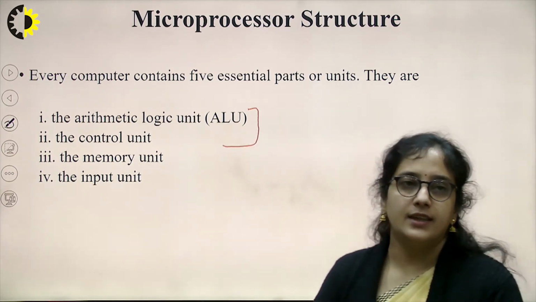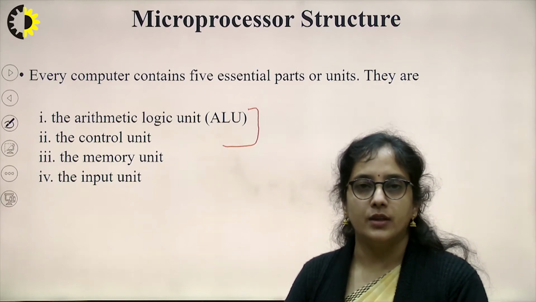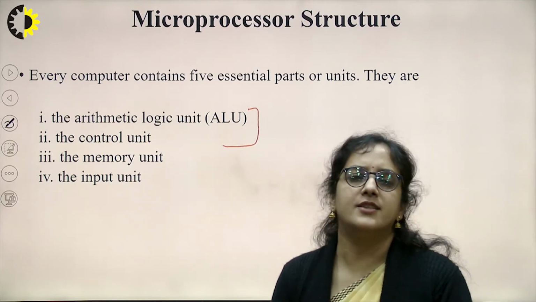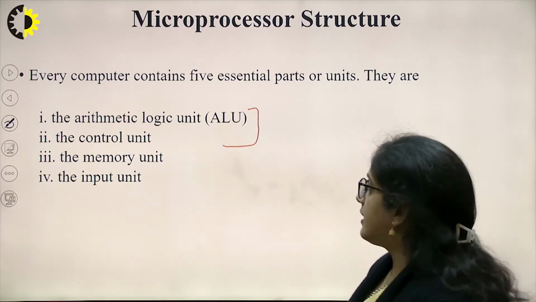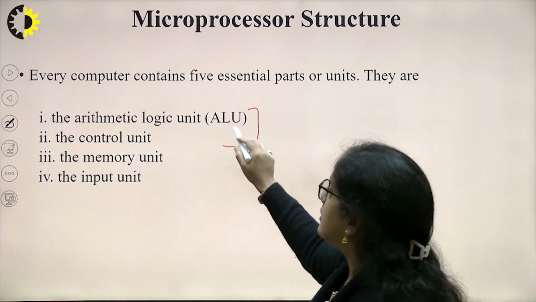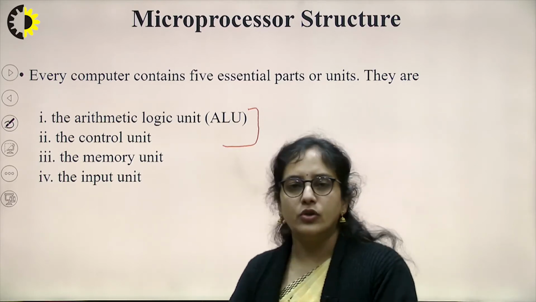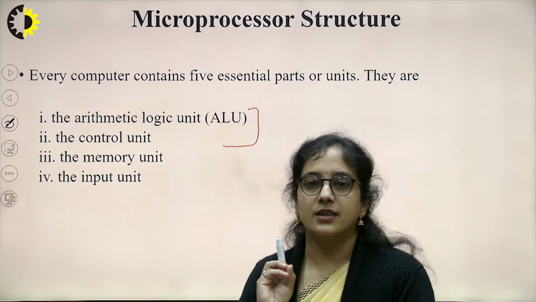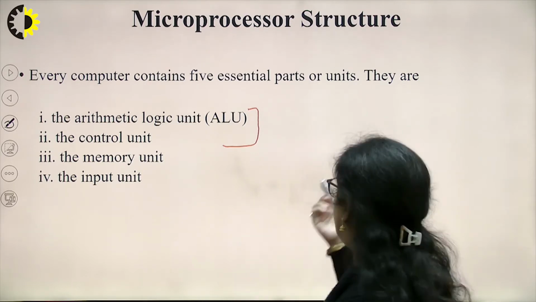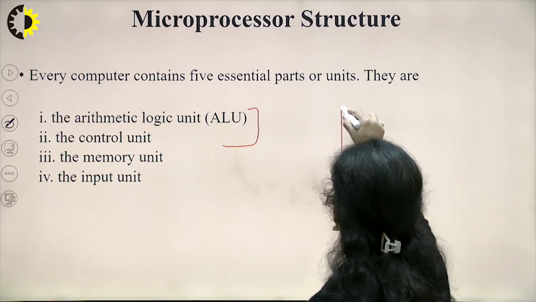If I say that I am using a microprocessor, whether it is 8085 or any other microprocessor, it consists of only the arithmetic logic unit and control unit and some registers to store the data temporarily. So, you can say that this is our computer.